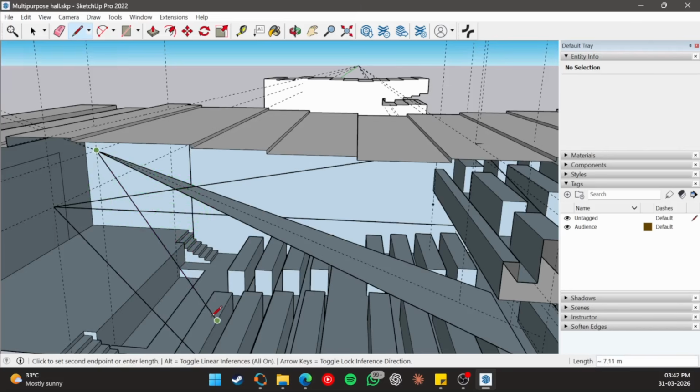Let's check what angles are workable for our system. You can check the required angles in Sketchup.